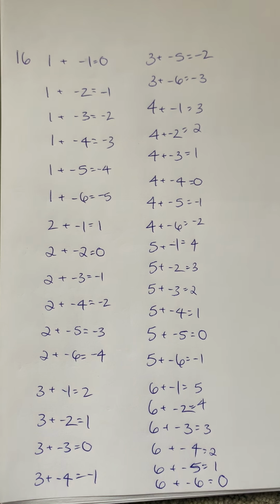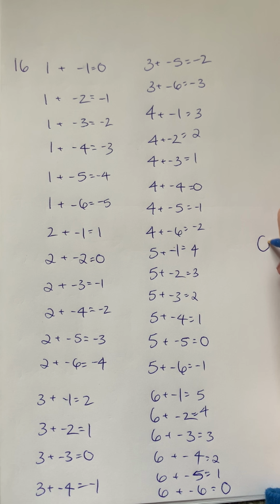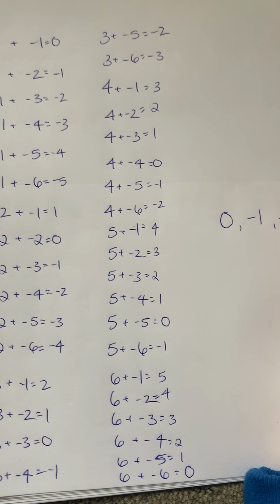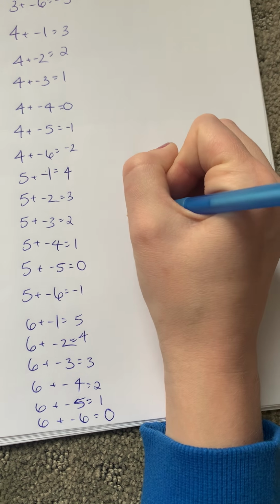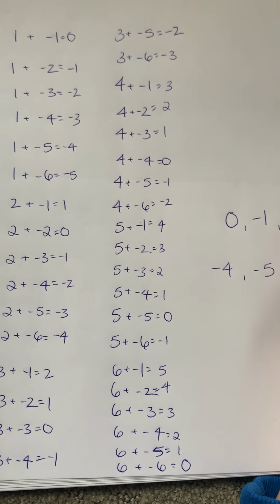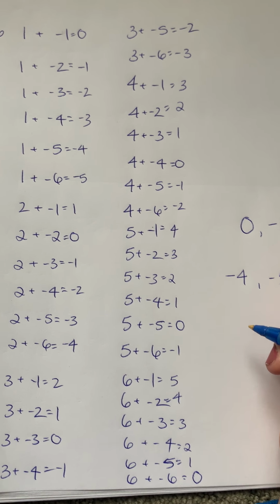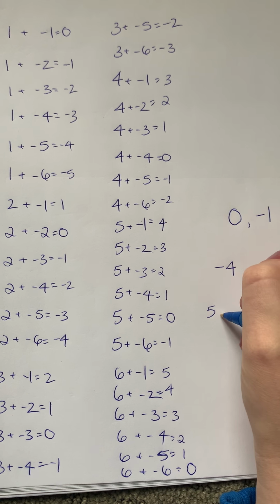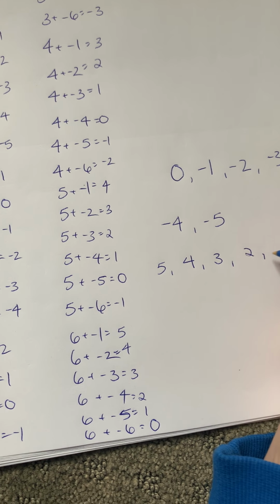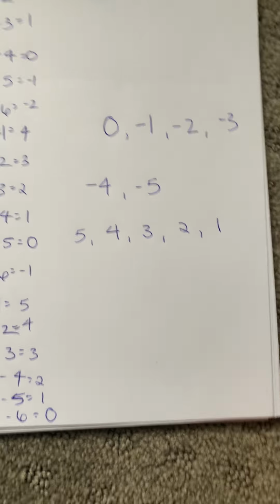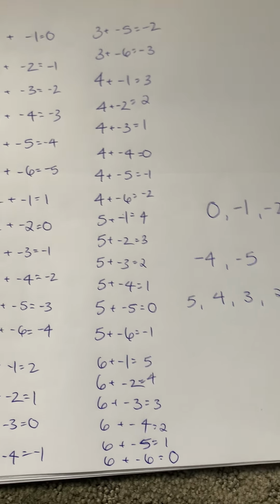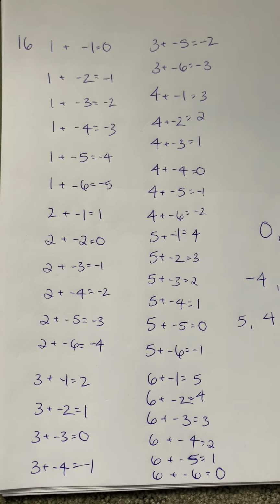So my total possibility was that I could get the number 0, -1, -2, -3, -4, -5. And for my positive numbers, I could get as high as the number 5, 4, 3, 2, and 1. So these are all the total answers I got from adding up all the possible equations I could have rolled with those cubes.